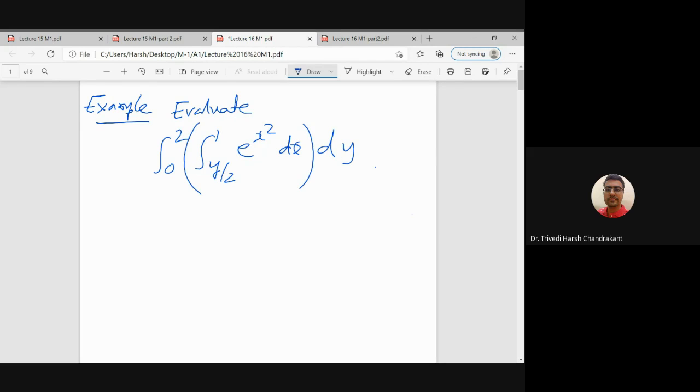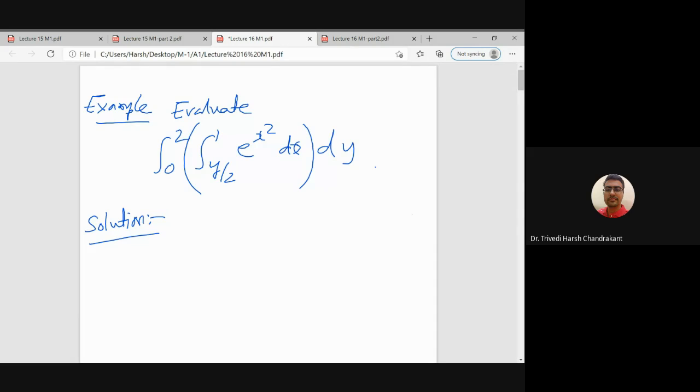So this integral we want to evaluate. The method is we need to apply Fubini's theorem essentially. So let us note first that the function e power x square does not have an antiderivative.